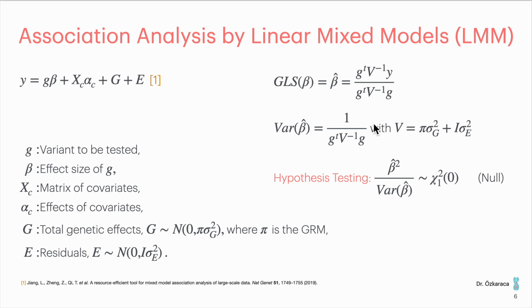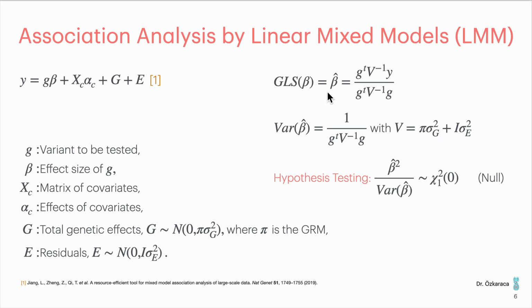And if you look at these carefully, the only unknown variables are sigma G square and sigma E square, where pi is the genetic relationship matrix, which can be computed. So these variances are the only unknowns in these equations. They are usually estimated through REML methods, restricted maximum likelihood methods.